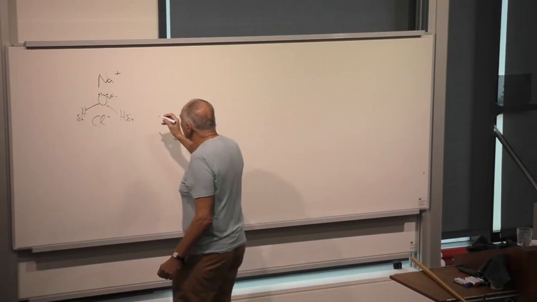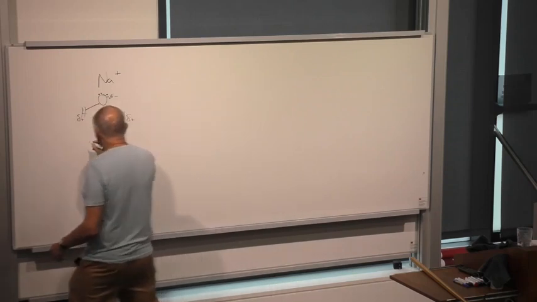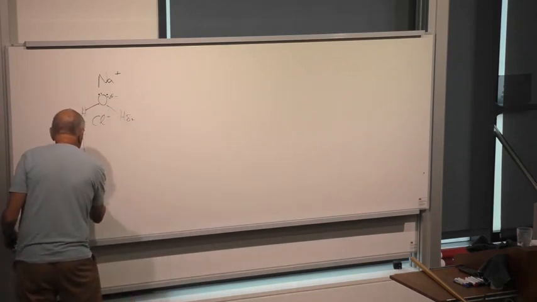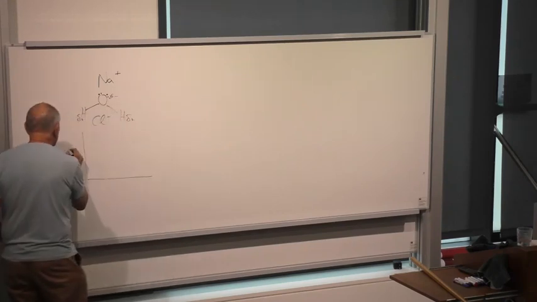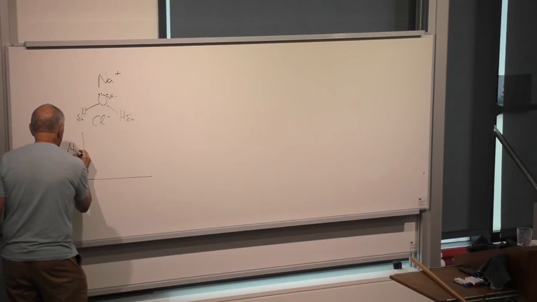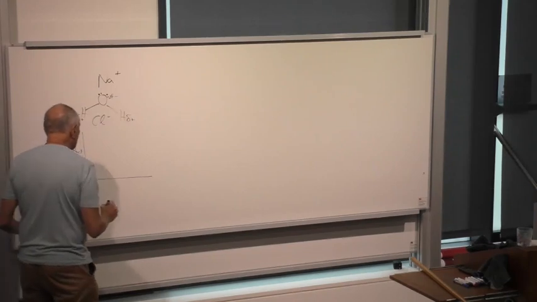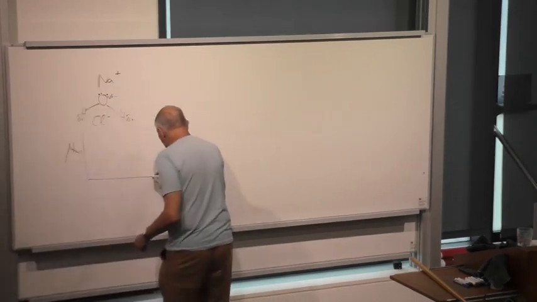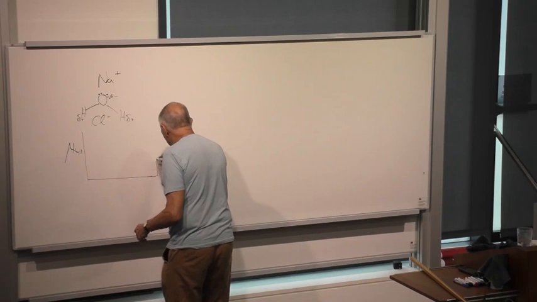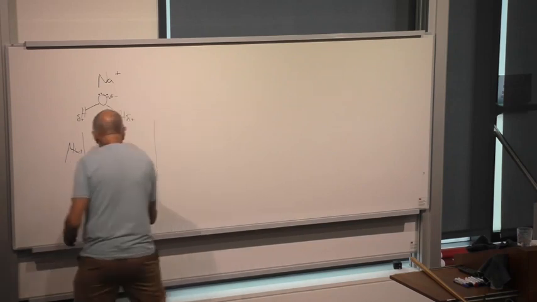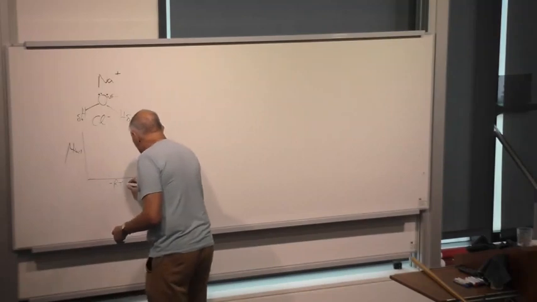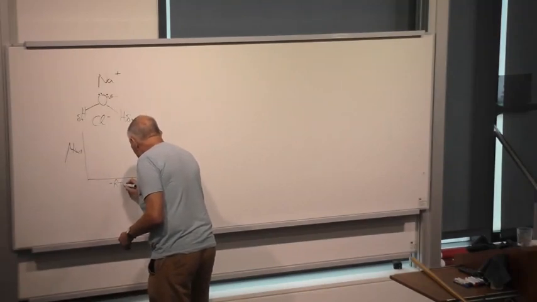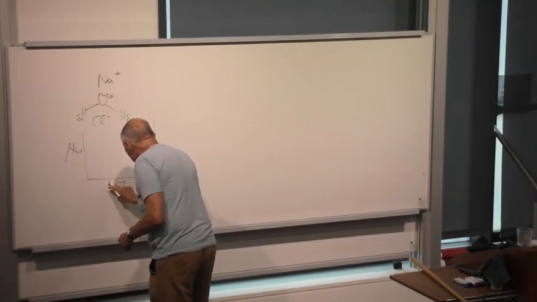And what we can do then is, as I said, make a plot of the chemical potential of sodium chloride as a function of concentration. Sorry, let's make that positive.